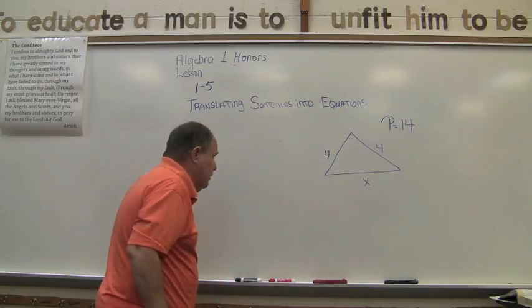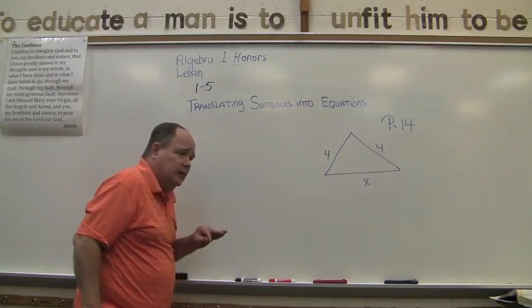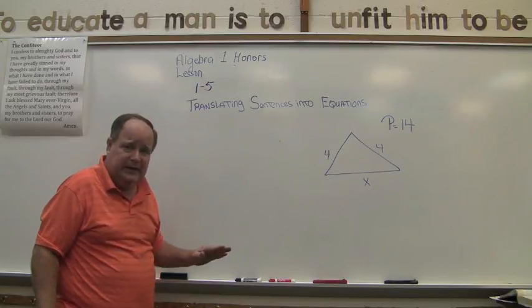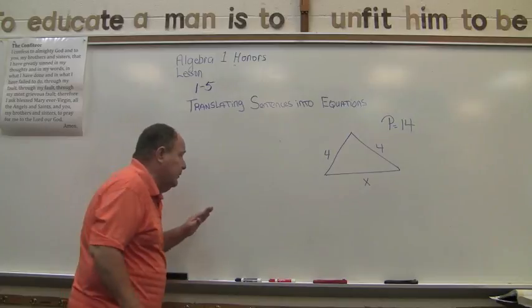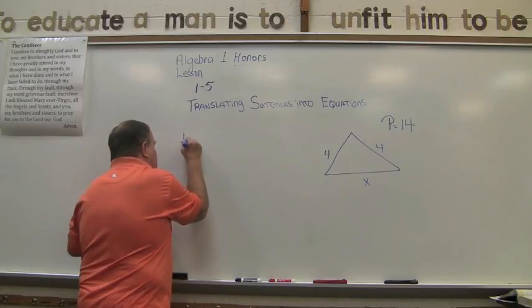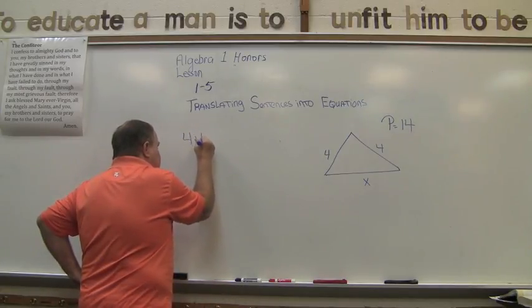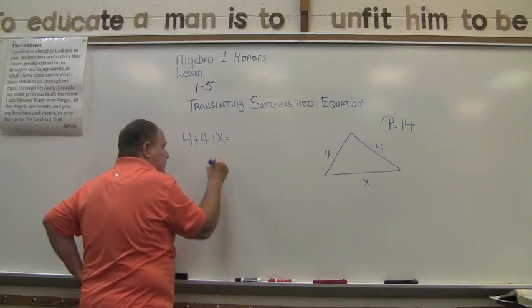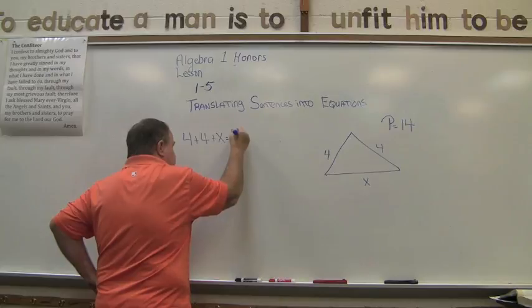All right, well, first thing we know is that the perimeter of a triangle is we add all the sides together. So it's going to be 4 plus 4 plus x that I don't know is going to be my perimeter, which we call 14.